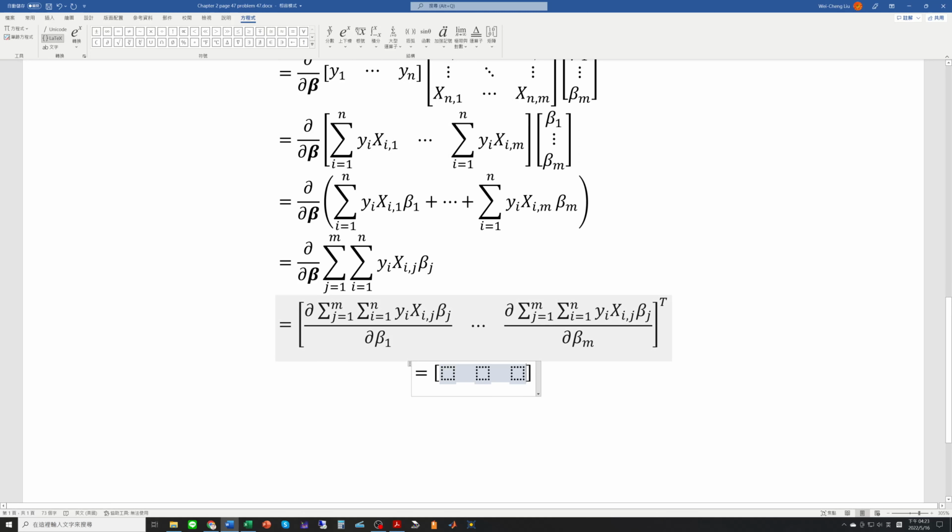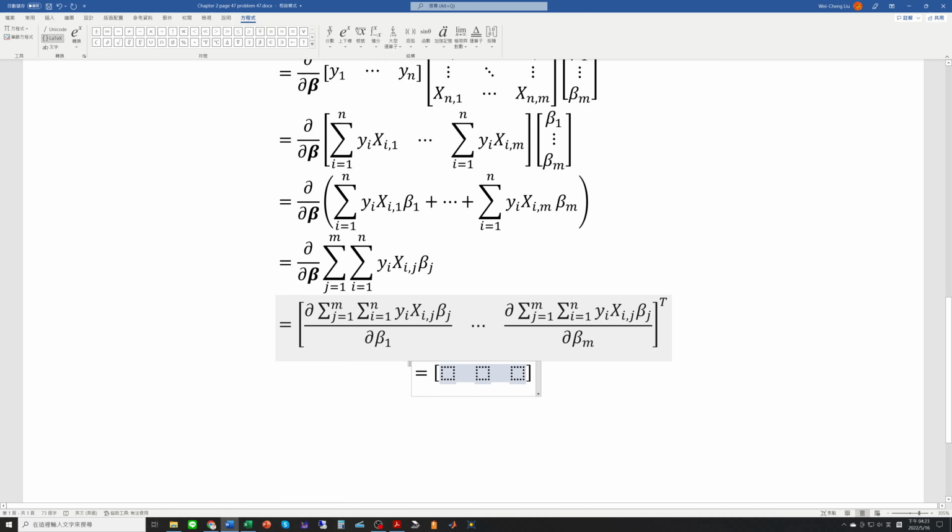So for the first term, we can find the term that contains beta 1. The terms that do not contain beta 1 are treated as constants, and we can cancel them. The term that has beta 1 is when j is equal to 1.